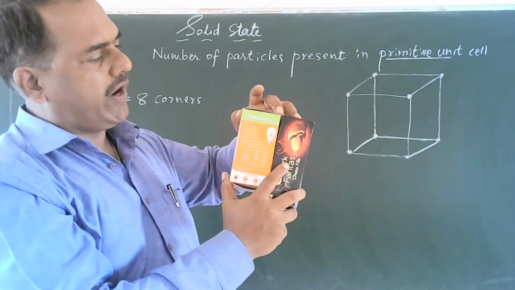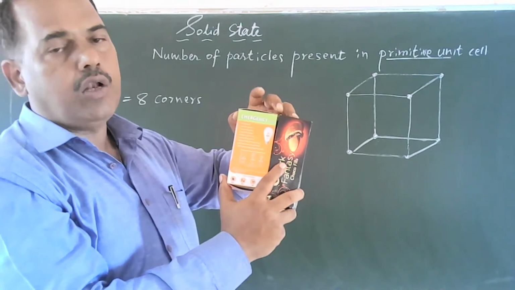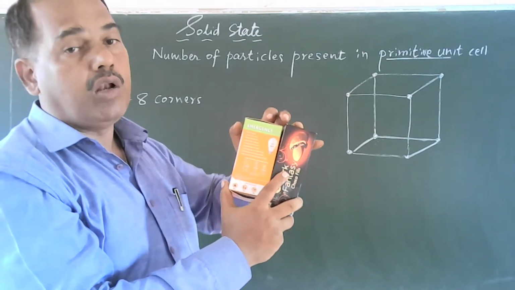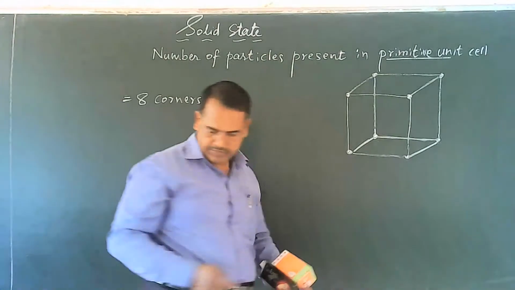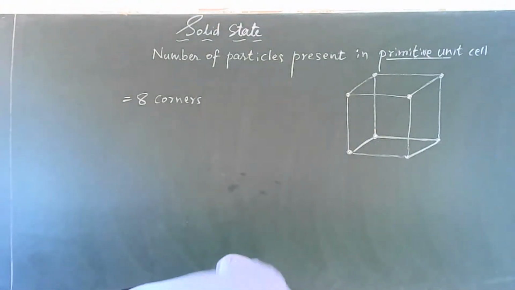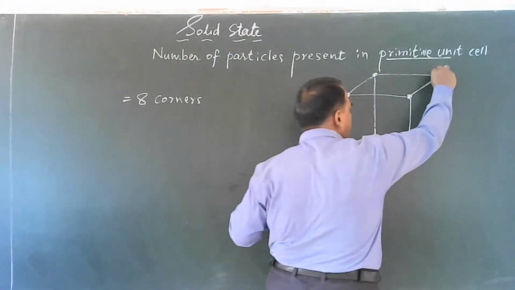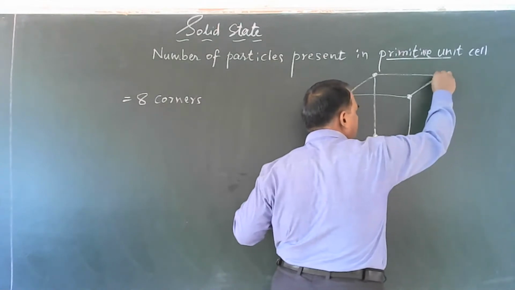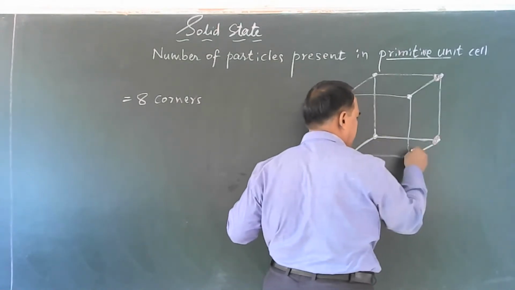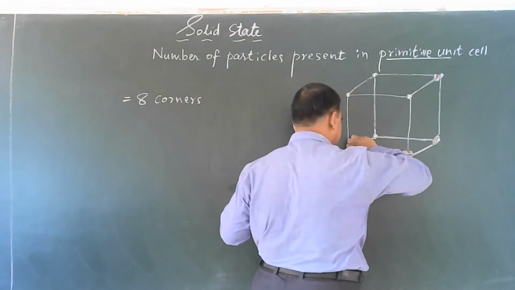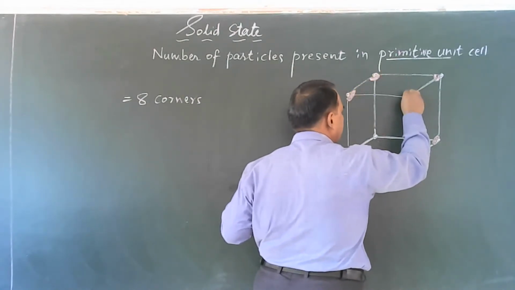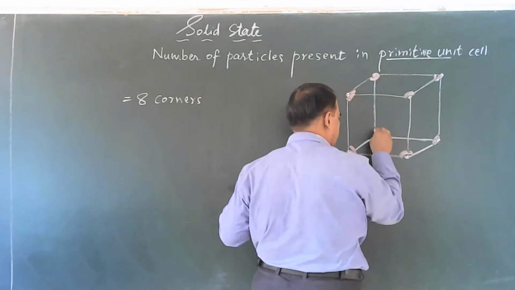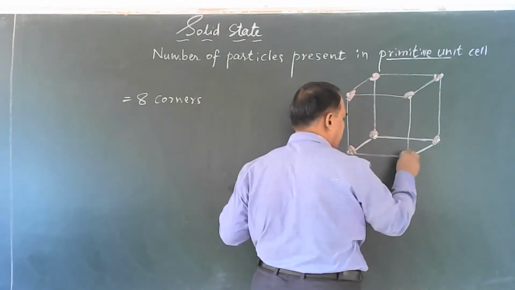So the contribution at this point is only 1 by 8, which is nothing but a small part, which I can show in the diagram. You can see here in the diagram, the contribution to each point is only this much. Are you clear? So this is nothing but the contribution.